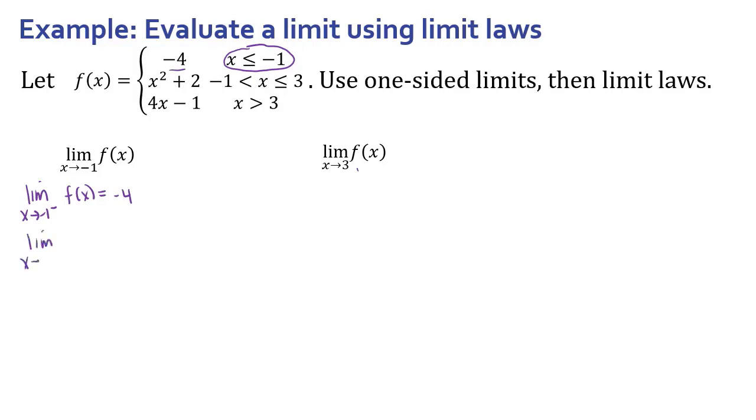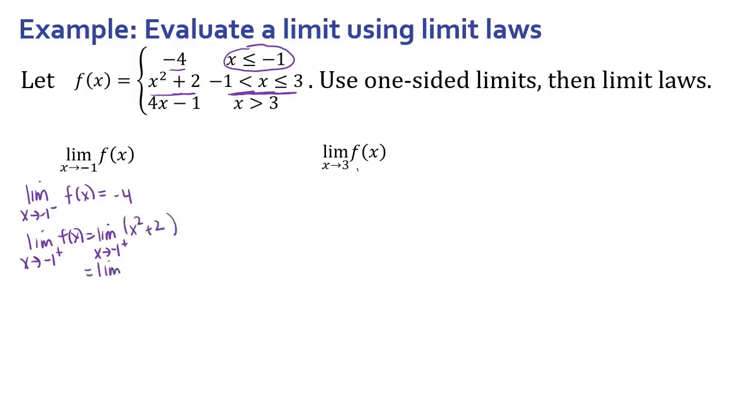If I look at what's happening as we're approaching -1 with numbers that are larger than it, we're going to be using this function, because right after we leave -1, we're in the second function. So that's going to be the limit as x approaches -1 from the right of x squared plus 2.